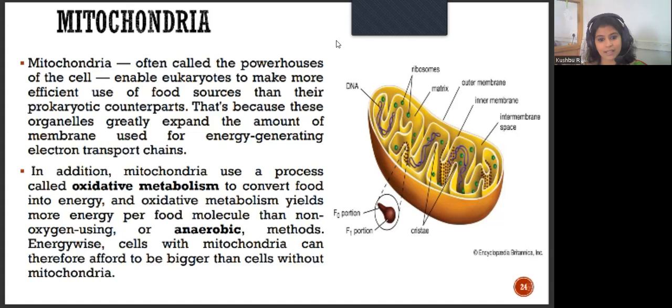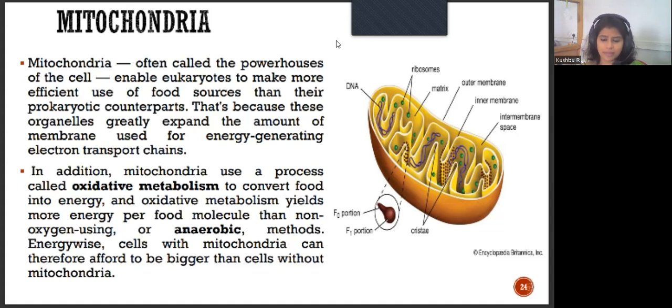This organelle is used to produce energy by the process of the electron transport chain. Electron transport chain occurs in mitochondria. It also shows oxidative metabolism that helps us extract energy from food, thereby producing a numerous amount of ATP.